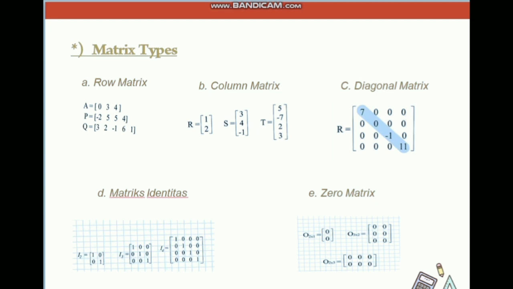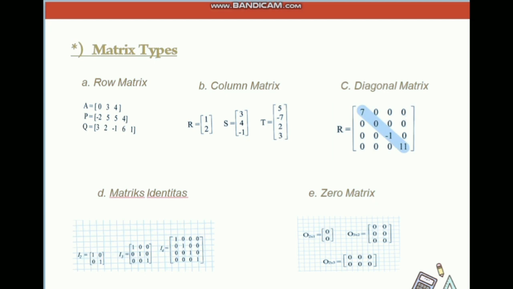A. Row matrix. A row matrix is a matrix consisting of one row. If we look at matrix A, matrix P, and matrix Q, they are of one row and several columns. Their orders are A 1 times 3, P 1 times 4, and Q 1 times 5.